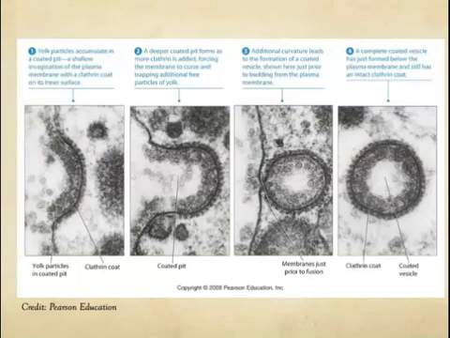We'll finish up today with this slide and this set of images. This is a time lapse of RME occurring in a cell where the material that is serving as the ligand is actually a type of protein found in the yolk of eggs. So what you're looking at in these images is membrane and coated pit.